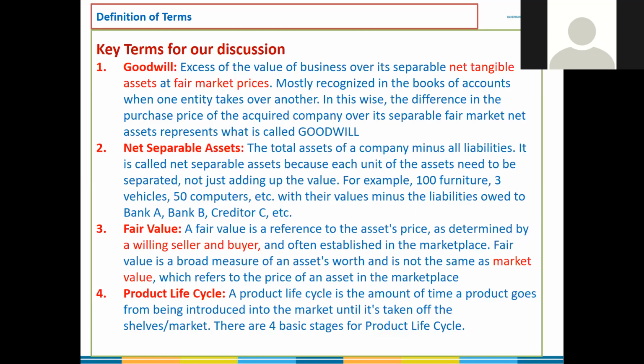But let's go down to what we call the fair value. The fair value is a reference to the asset's price as determined by a willing seller and buyer. So for example, if I want to buy your vehicle that you are already using, maybe you purchased the vehicle at 40,000 Ghana cedis.